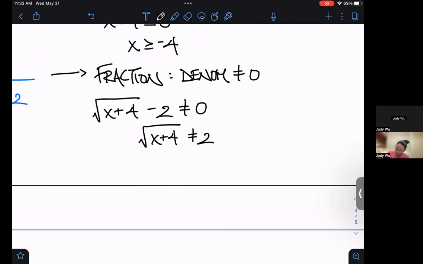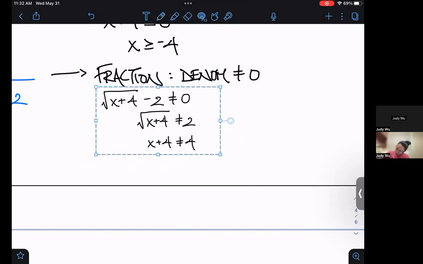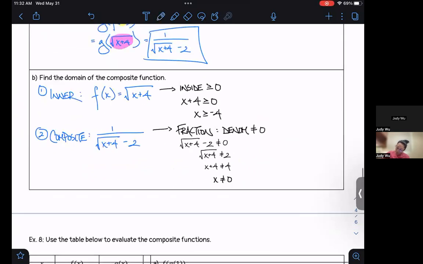I can square both sides from here, so x plus 4 cannot equal 4. Last but not least, if I subtract 4 from both sides, I get x is not equal to 0. If I put in 0 here, I would end up with 0 in the denominator, so that cannot be part of my domain.